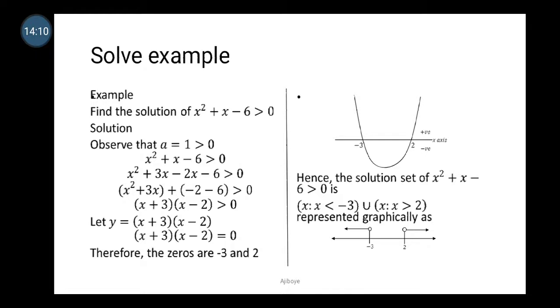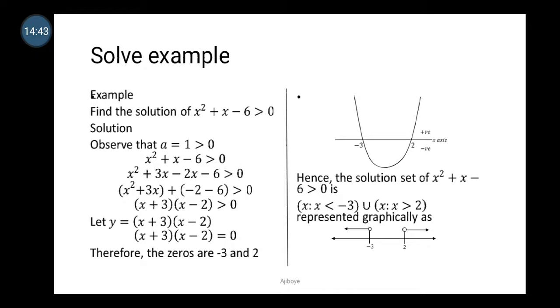So the zeros of this quadratic expression would be, when you equate the two factors to 0, x plus 3 equals 0 or x minus 2 equals 0. Then x equals minus 3 when you take the 3 to the other side, and x equals 2 when you take the minus 2 to the other side.